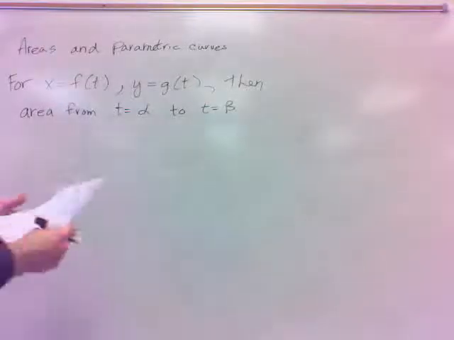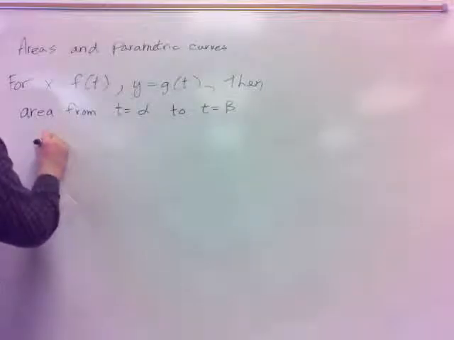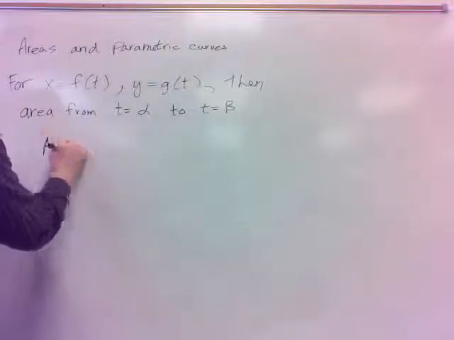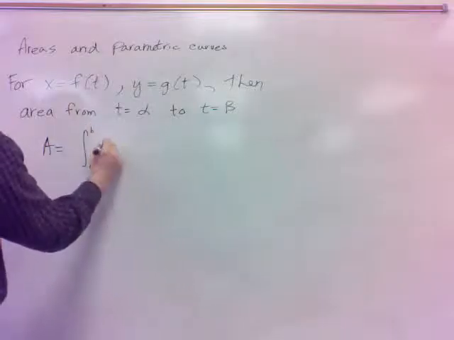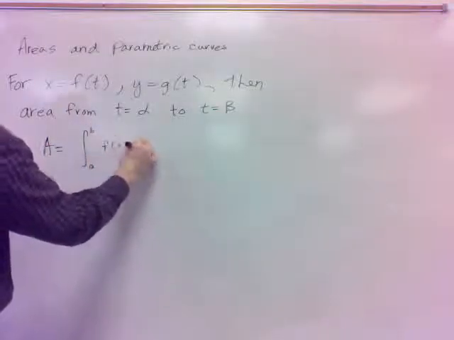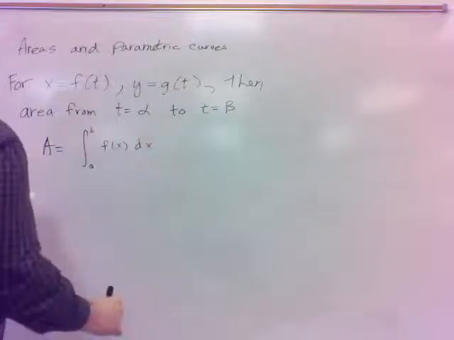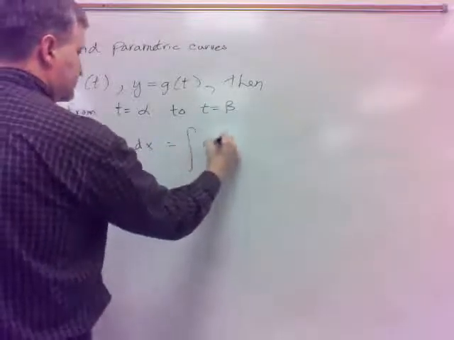Okay? The area then from t equals alpha to t equals beta between the curve and the x-axis, it's going to be found, well, let's think about it here. We know that the area is the integral from a to b of f of x dx, or y dx.